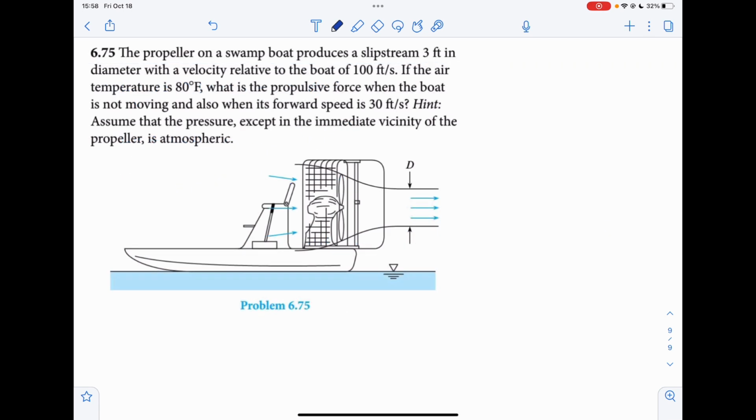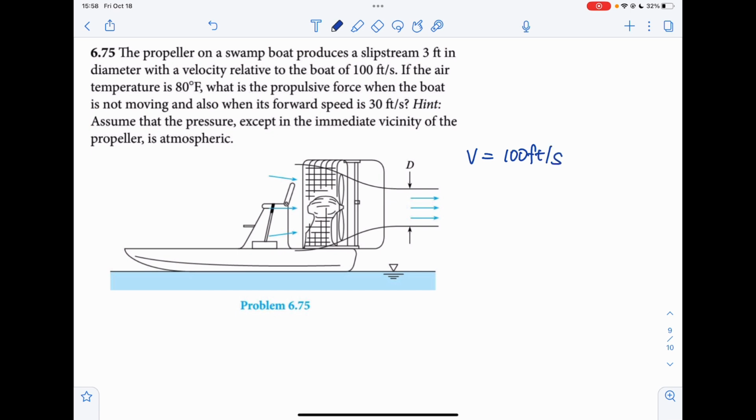Let's look at the last problem, 6.75. We have a propeller on a boat, and we have a stream 3 feet in diameter with the velocity equal to 100 feet per second.